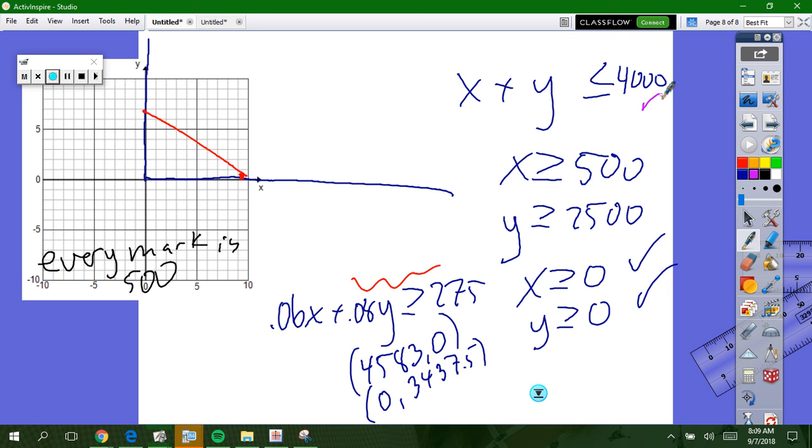Let's graph this guy in purple here. What are our x and y intercepts? They're the same. They're both at where? 4,000, right? Does that make sense to you? Because if I plug 0 in here, I need 4,000 here and vice versa. Okay, so that's at 8 tick marks.